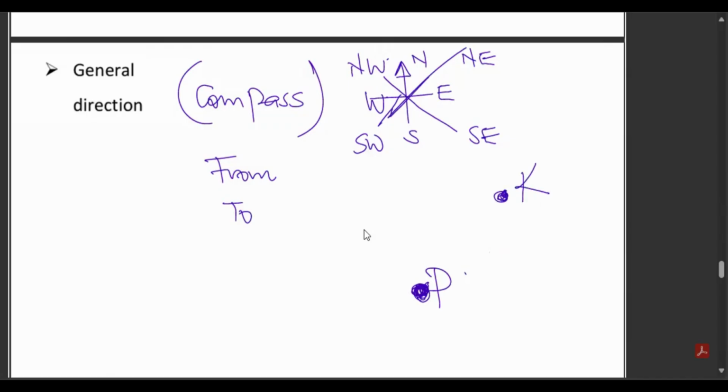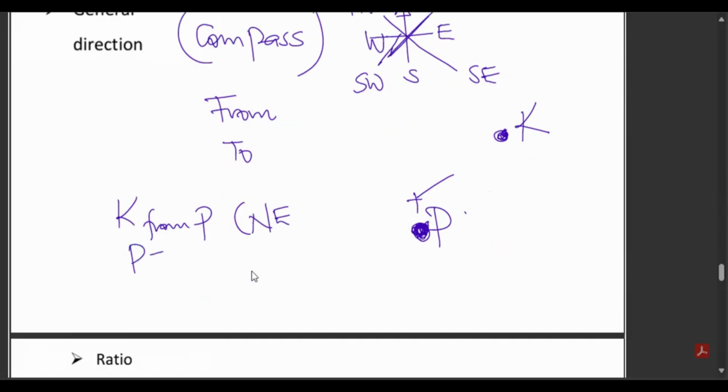So, general direction of K from P. That means you're starting from P, going to K. So that general direction would be north, northeast. And if it comes to P from K, now you're in K, you're coming back to P, which is south, southwest.